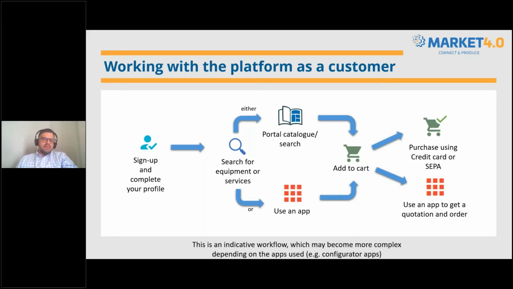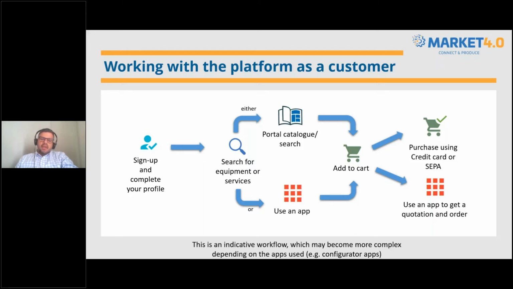This can be facilitated through the marketplace itself with the catalog and the searching functionality, or specific apps can be used to identify equipment. These apps, as I said earlier, may also provide data that are private from the supplier side and they are not part of the portal. So the facilitation here may go into more detail.